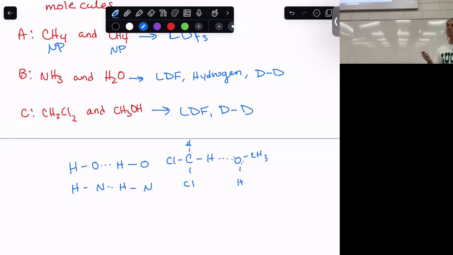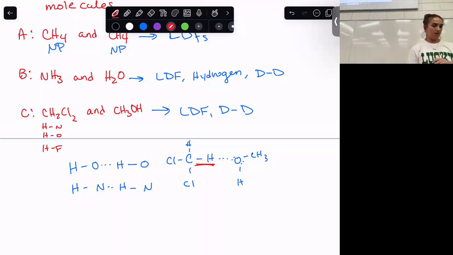Since it's looking like this, hydrogen to carbon doesn't count as the hydrogen bond. If you see that there's none of the HNHOHF in the CH2Cl2, you know that one can't hydrogen bond.